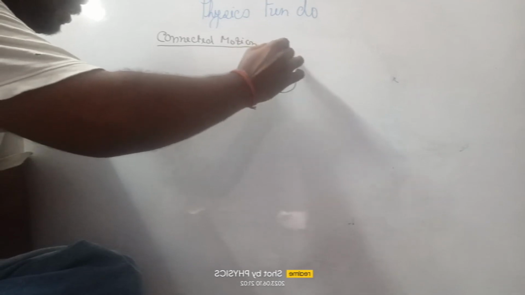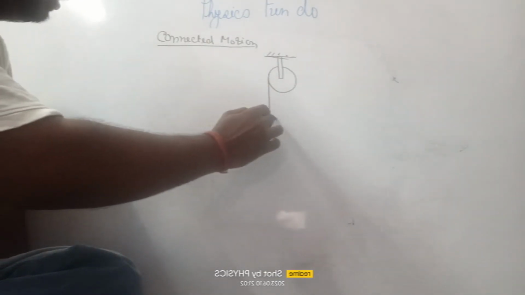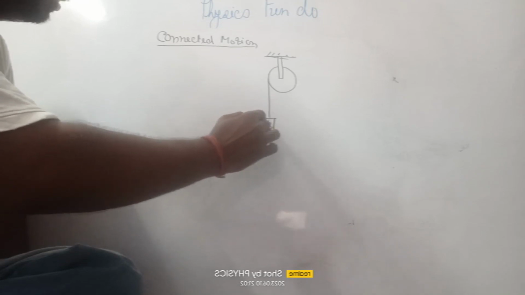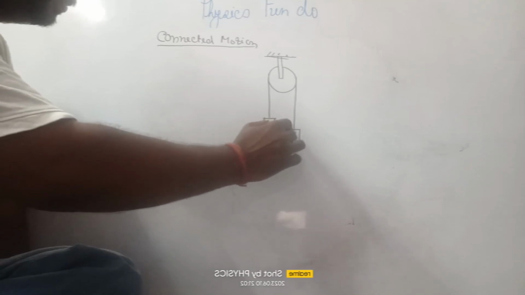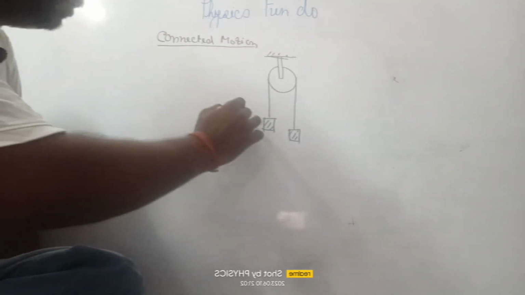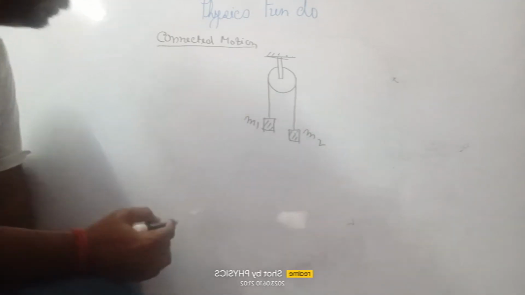Pulley is fixed. And two objects with the same string have been connected over the pulley. Let the mass of the first block be m1 and the second be m2.